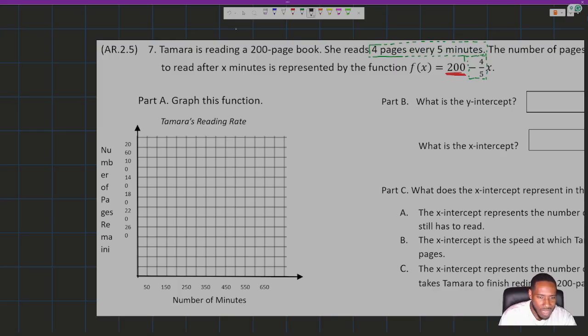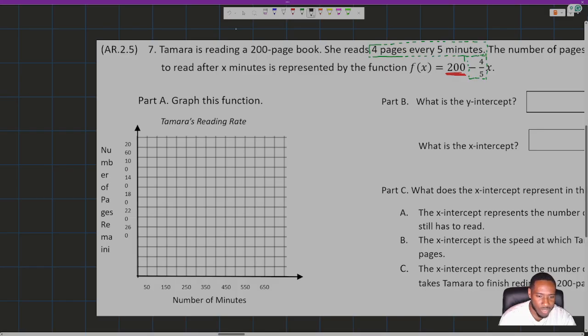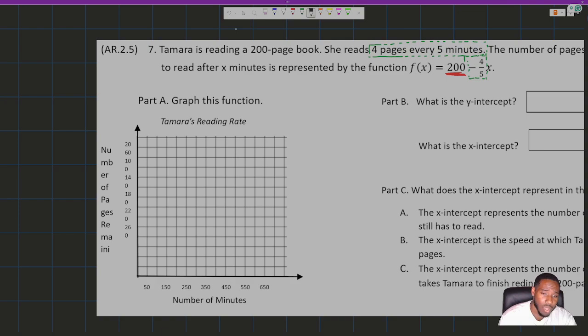I think what we can do here is, let's see, 10, 20, 30, 40, 50, 60, 70, 80, 90. Let's go 20s. 20, 40, 60, 80, 100, 120, 140, 160, 180, 200.